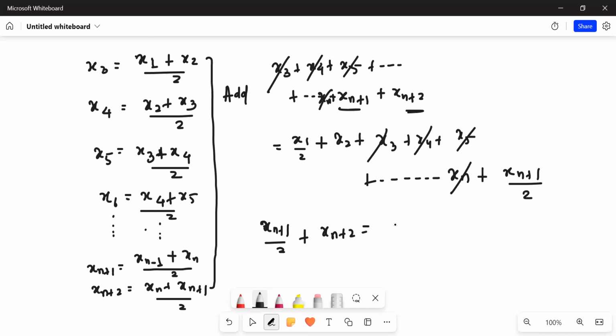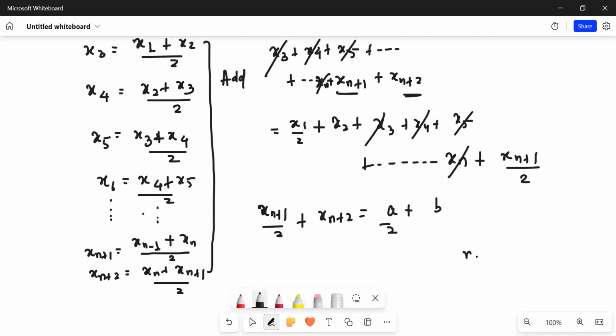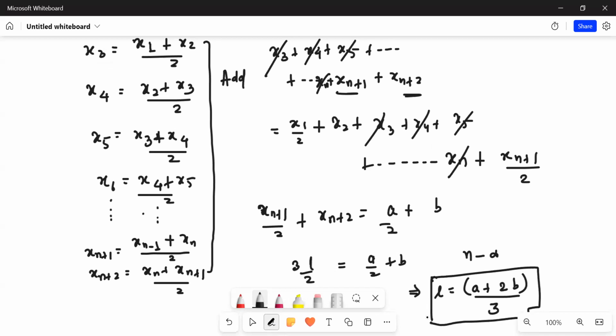Already I know that x1 was given as A and x2 was given as B. And as n tends to infinity, this tends to L. So this is 3L upon 2 equals A upon 2 plus B. And therefore, you can say that my L is equal to (A plus 2B) upon 3. I hope it is clear.